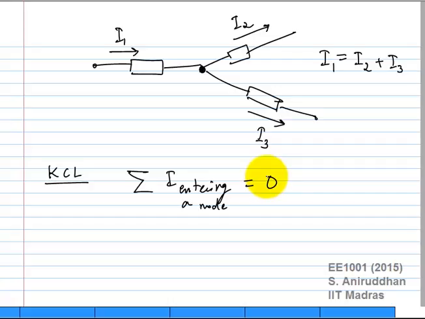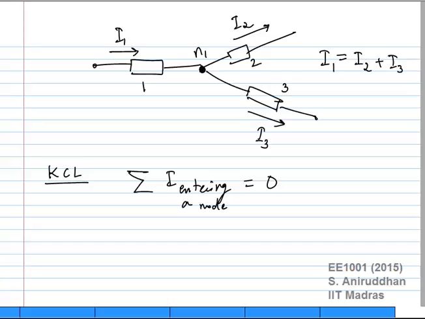In other words, what are the currents entering this particular node N1? Based on my definition, I'll call these elements 1, 2 and 3. From element 1 you have a current I1 entering that particular node N1. From element 2 you have a current of minus I2 entering that node.